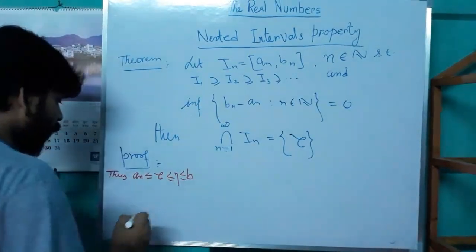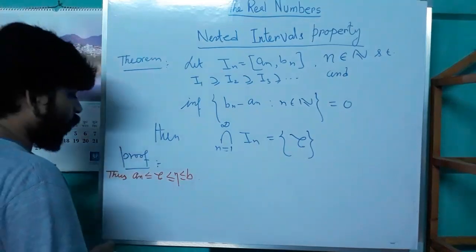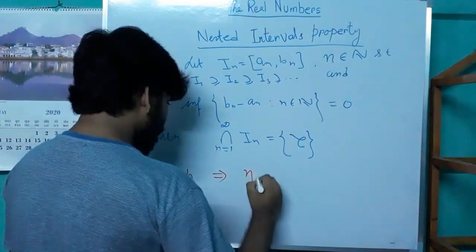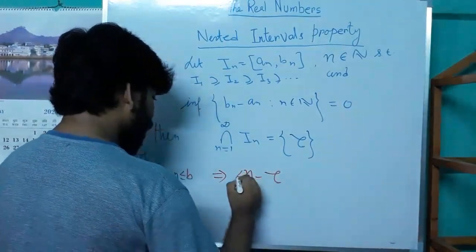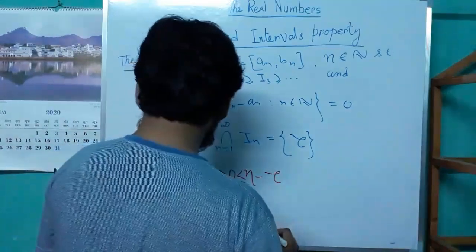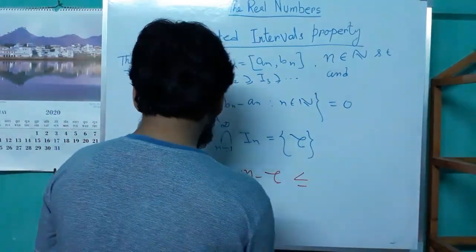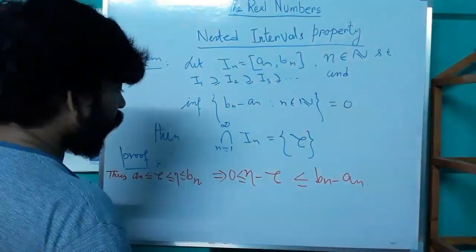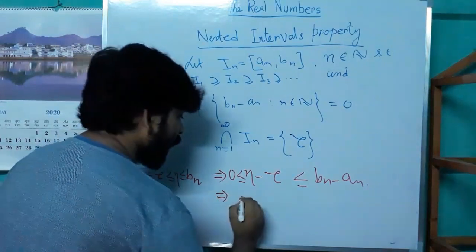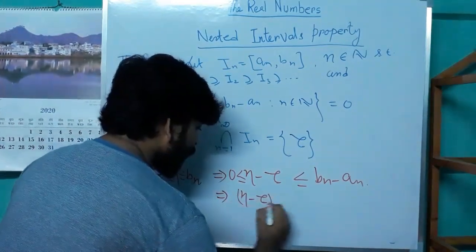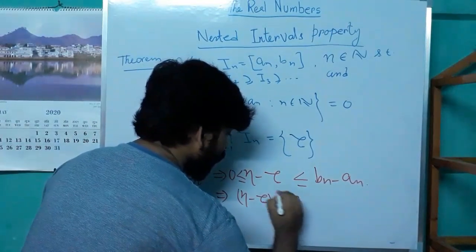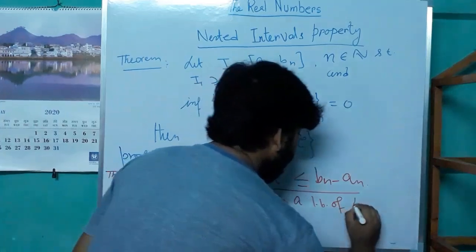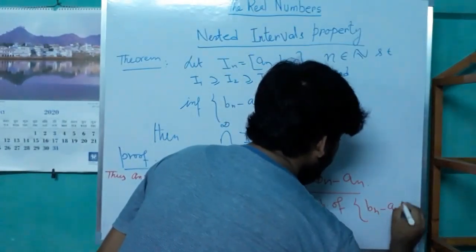So we have seen that an less or equal to zeta less or equal to eta less or equal to bn, which implies eta minus zeta is greater or equal to 0 and less or equal to bn minus an. So this implies that eta minus zeta is a lower bound of the set bn minus an.